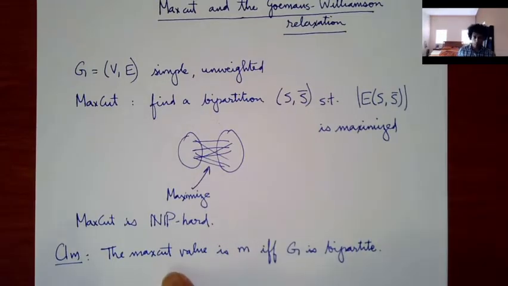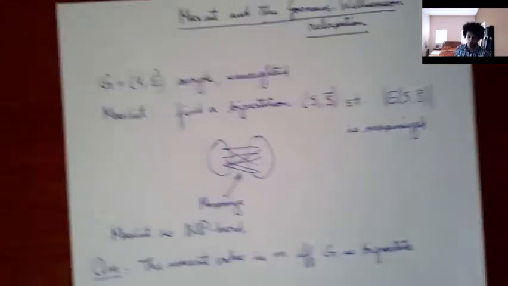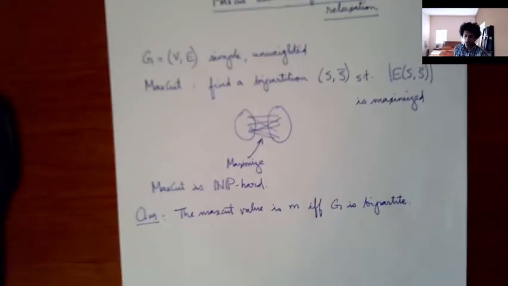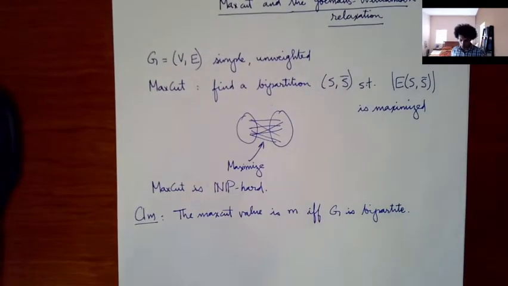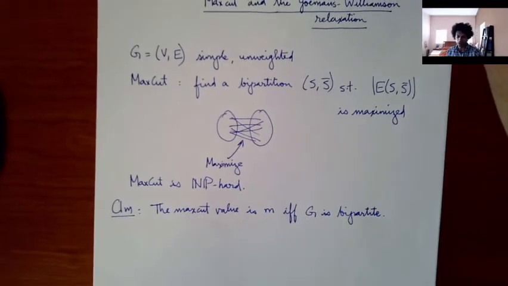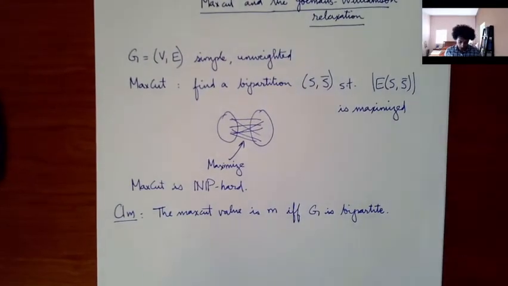If it's truly bipartite, the Maxcut value is m. On the other hand, if it is not bipartite, then the Maxcut value will be less than m.